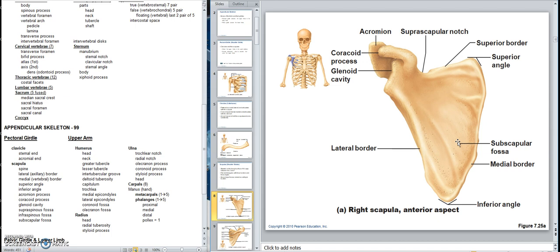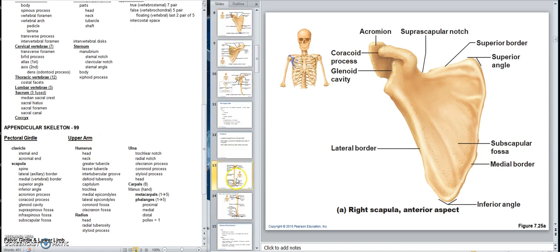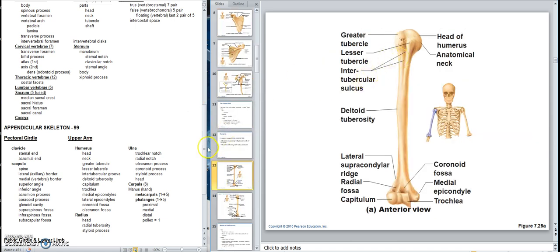All right, so now let's go to the upper arm, which would be the humerus here. All right, here's the humerus. Let's look. You've got the head, which is followed by the neck. That's the anatomical neck.